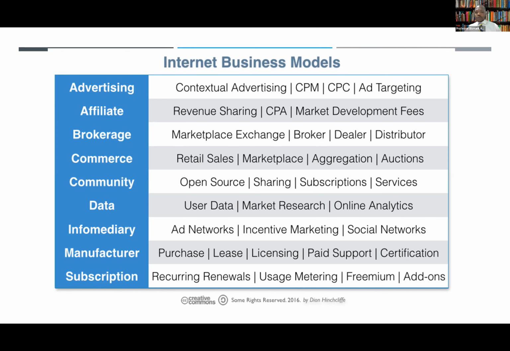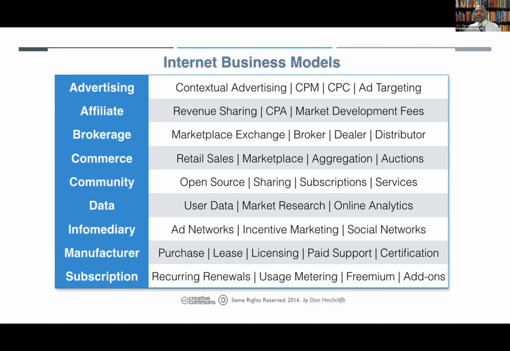Some of the obvious ones that we know are product-driven, where products are sold online. When I say products, it could be electronics, furniture, clothes, even groceries, food that are sold online.